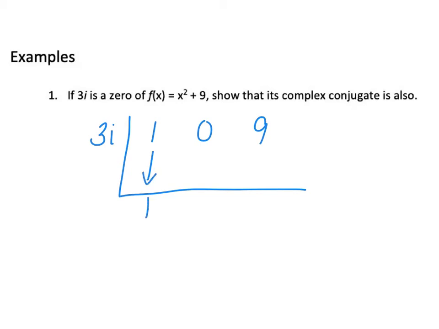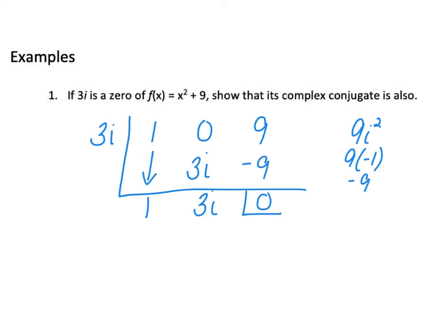And now I've got to do multiplying with an imaginary, but this one's not too bad. So 0 plus 3i now is 3i. And 3i times 3i is 9i squared. Well, just remember that i squared is equal to negative 1, so it's actually negative 9 right here. I add, and I get 0.